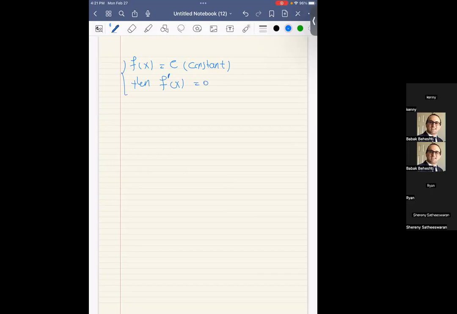Another important rule that we used here is that if you multiply some function by a number, imagine a is a constant number, and you want to find the derivative of a times f of x, then it is equal to a times just f prime of x. So basically, when you multiply a function by a number, when you want to take the derivative, you just take the derivative of the function, and then you multiply it by that number.